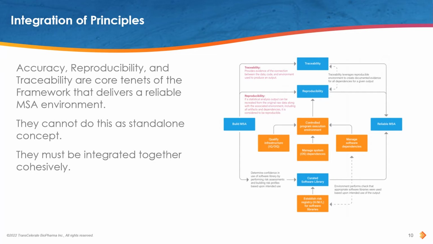Tools to scan programs or program logs should be developed to identify libraries used and assess the risk level to align with the allowable risk level for the intended use. And quality control processes to scan all outputs from an MSA environment should be established to ensure programs used appropriate software libraries.